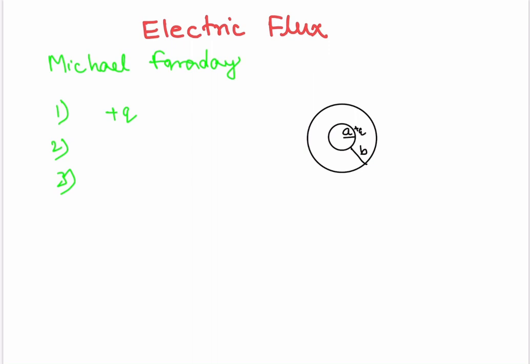And this was true regardless of the dielectric material separating the two spheres. He concluded that there was some sort of displacement from the inner sphere to the outer sphere which was independent of the medium.